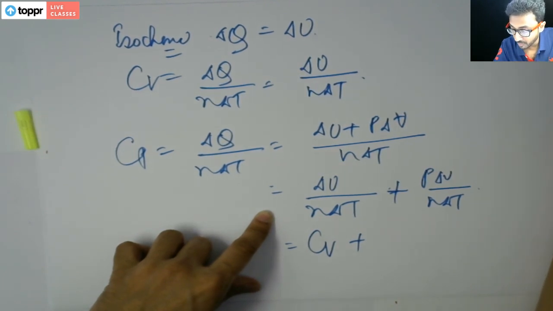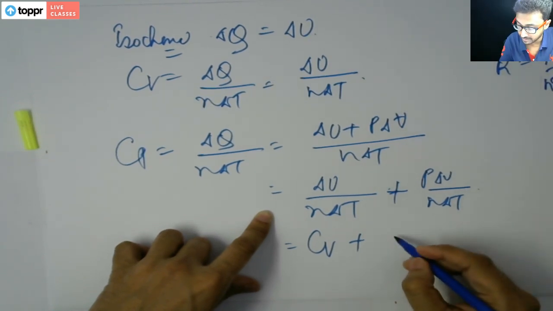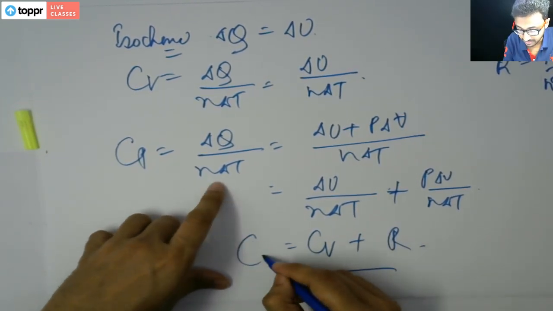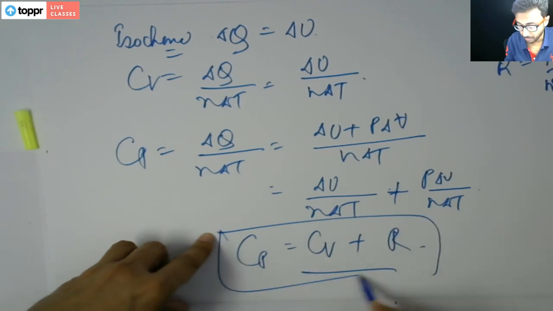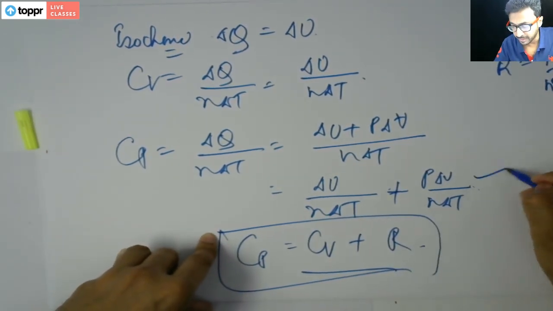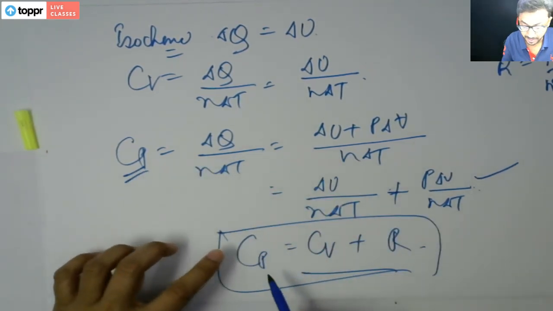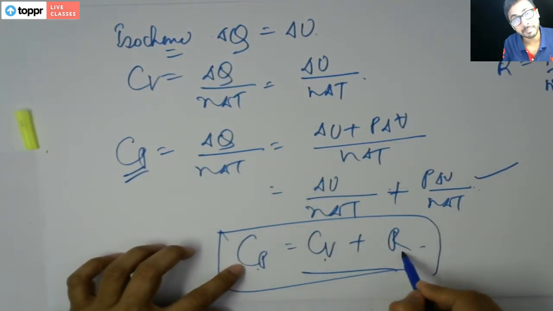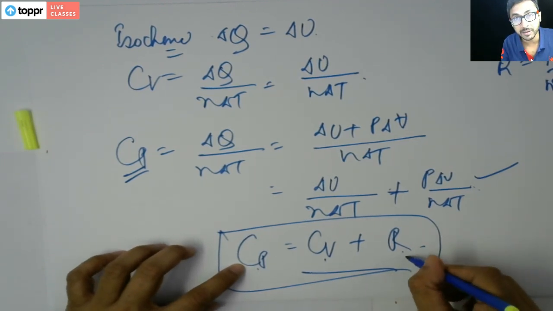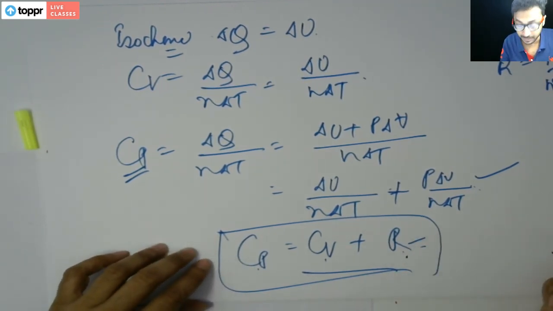PV equals nRT, so R equals PV by nT. This can be written as CP equals CV plus R. It needs more explanation, we don't have so much time, but just remember CP is more than CV by R, the gas constant, right?